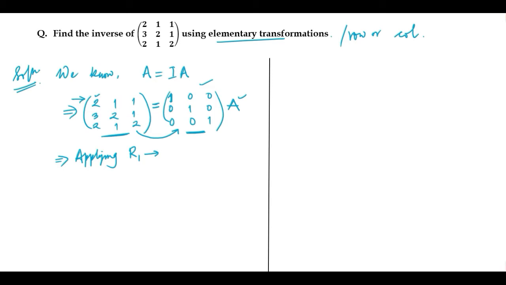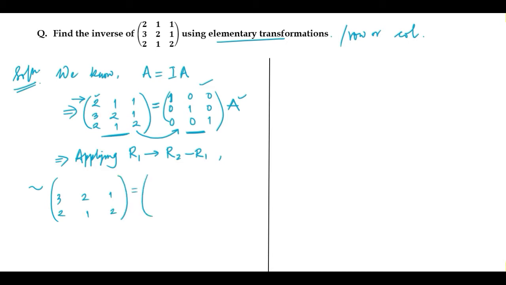So applying R1 replaced by R2 minus R1, because I will be subtracting 3 and 2, which will give me 1. Then you will have 3 2 1, 2 1 2.